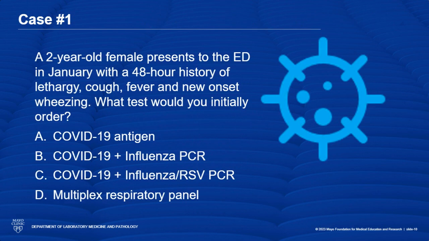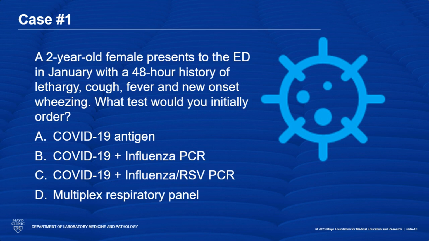So in this first example case, imagine a 2-year-old patient comes with their family to the emergency department. And this takes place in January, again in the United States, with a 48-hour history of lethargy, cough, fever, and a new onset of wheezing, difficulty breathing.